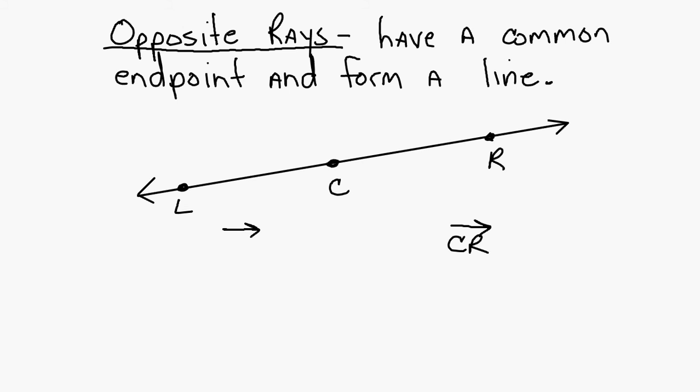Ray CL, because you have to start the description with the endpoint. Ray CR starts at C and goes through R. Ray CL starts at C and goes through L. Those are opposite rays. Form a line, common endpoint.